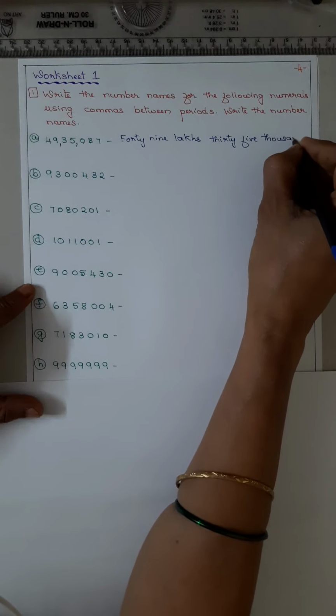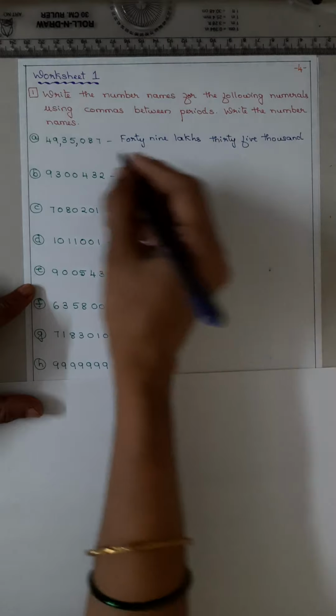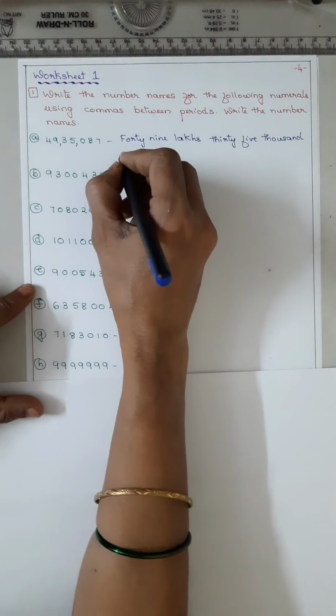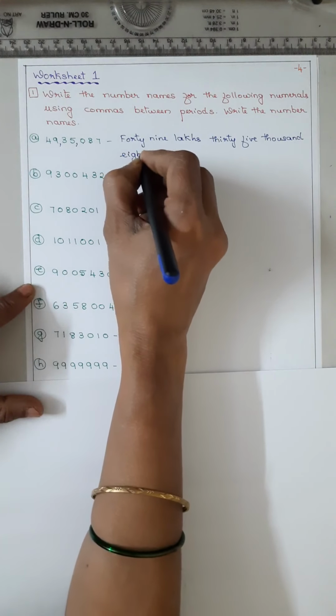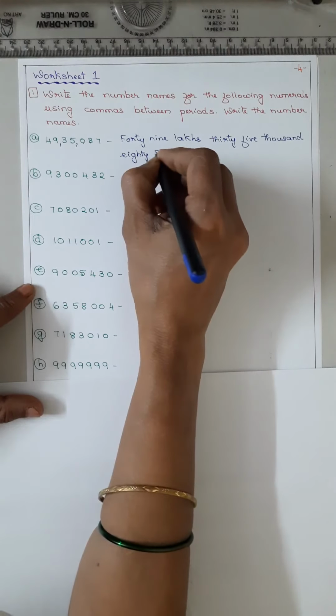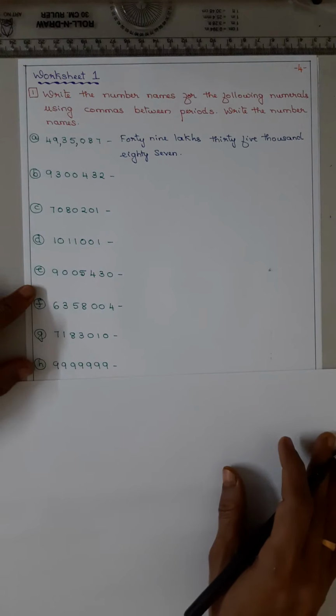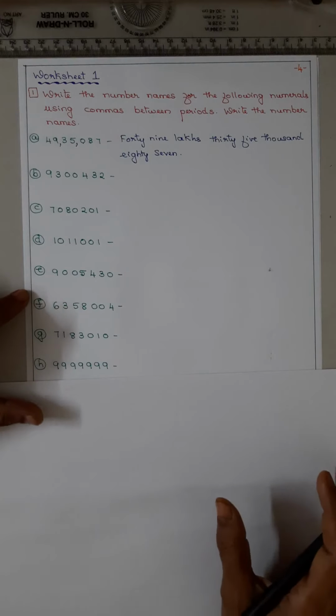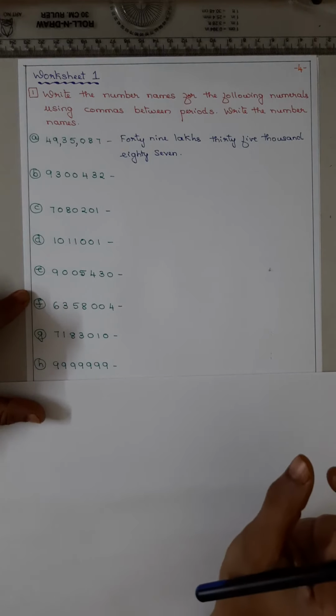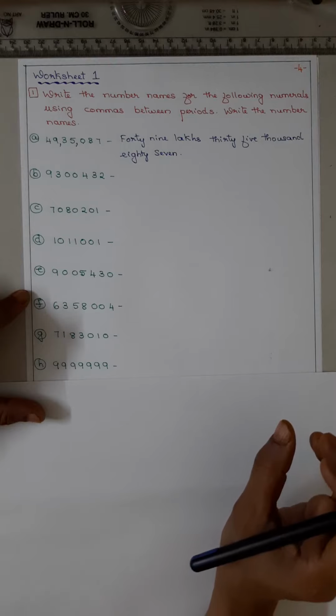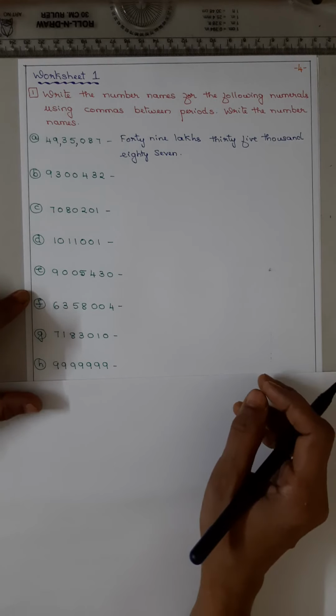Thousands, and 87. Are you understanding? So while writing the number names, you have to tell that number together and then the period.